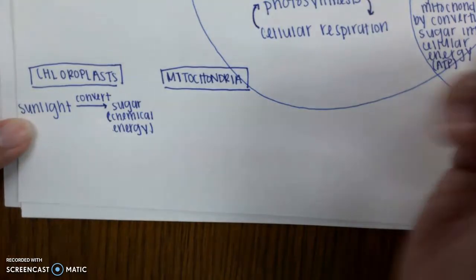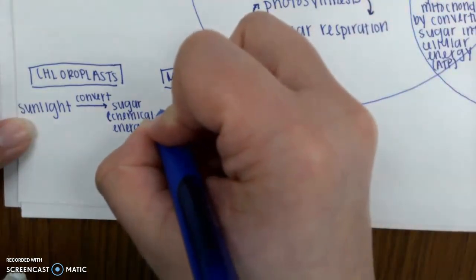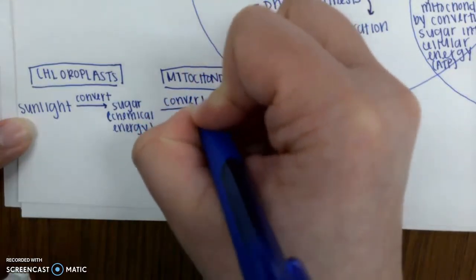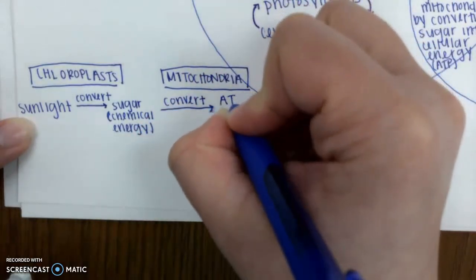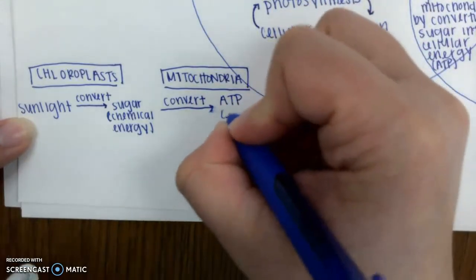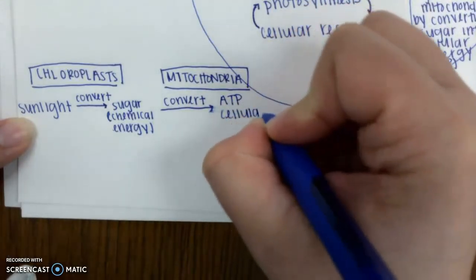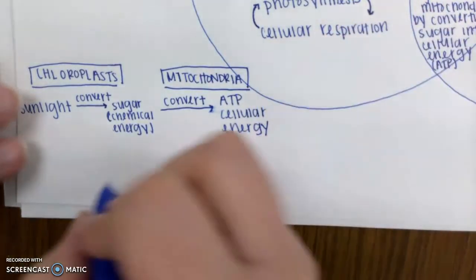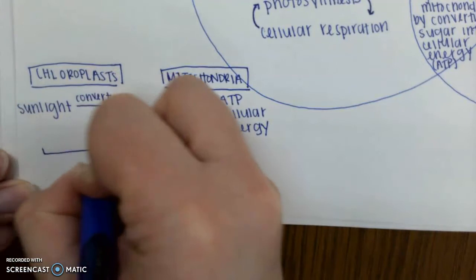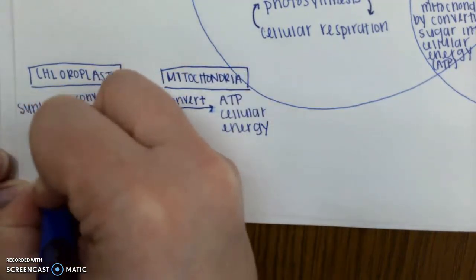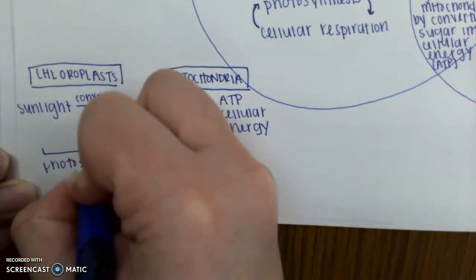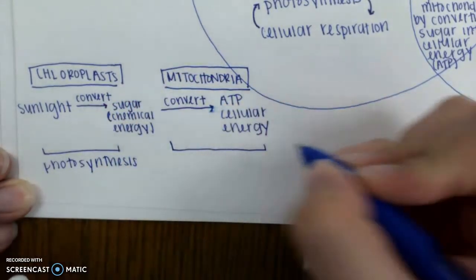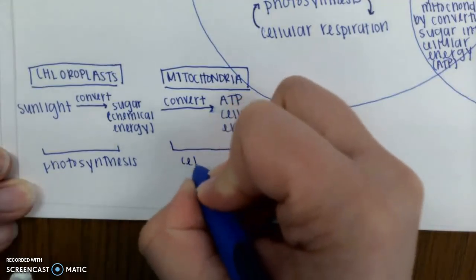And then that goes into the mitochondria, which then converts it again into ATP, which is cellular energy. It's energy in the form that a cell can use. This right here is photosynthesis. And this right here is cellular respiration.